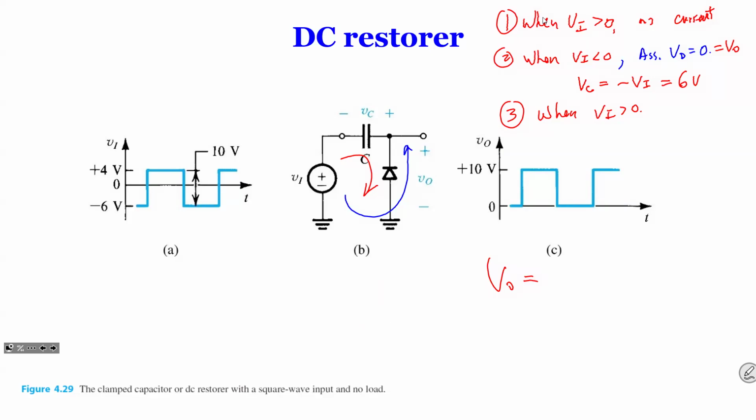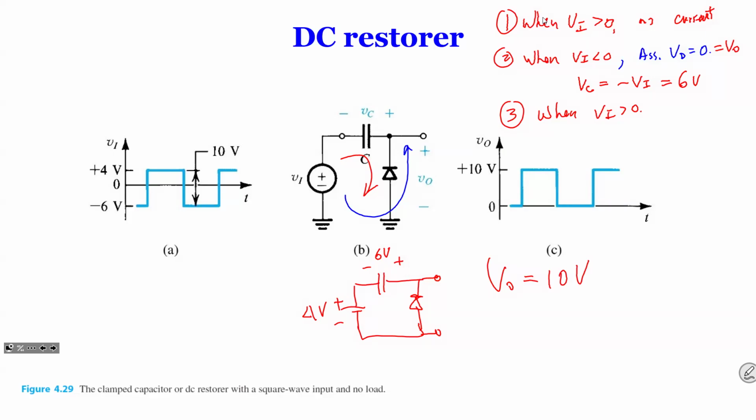So we have this positive 4 volts, and you have here to here 6 volts. So what is VO? You see, positive 6 volts, positive 4 volts, and you add it together, 10 volts. 10 volts. So it's very simple.